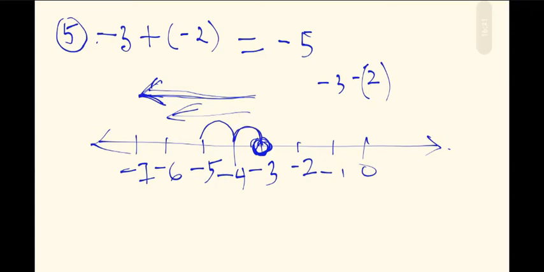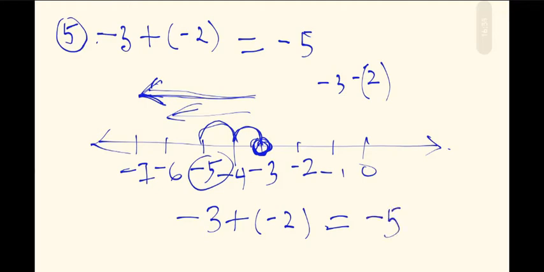So -3 plus -2 gives us -5. Yes, so I would recommend that you play more with the number line, play more with numbers on the number line, and you'll be able to understand this concept very well.